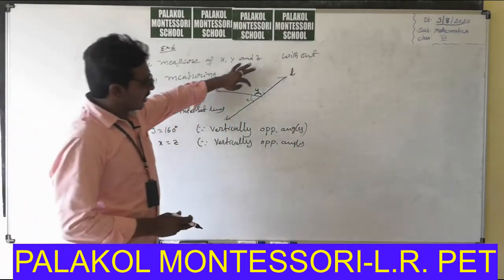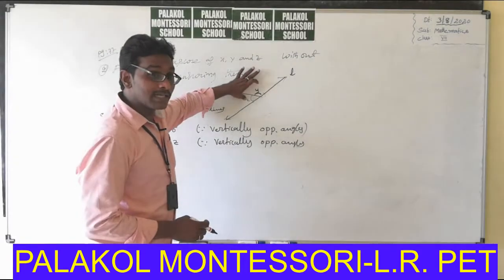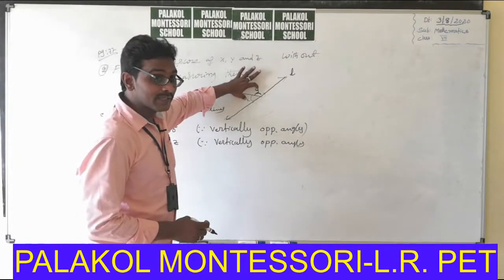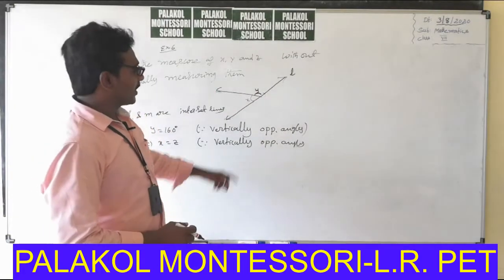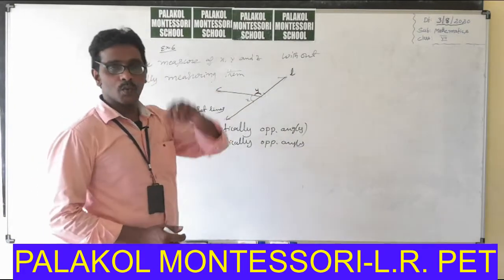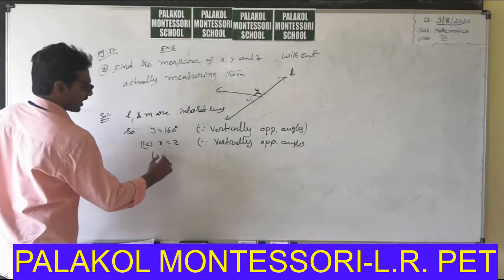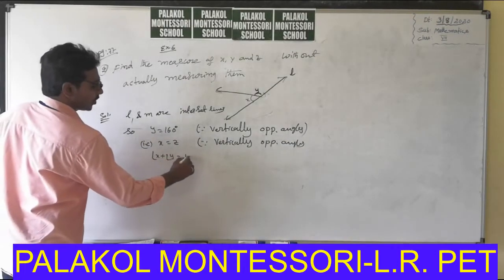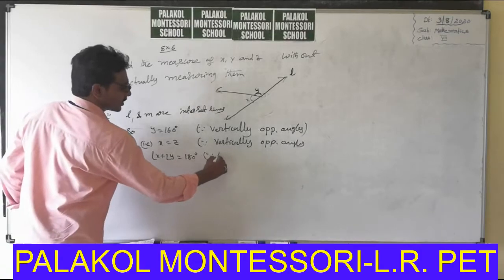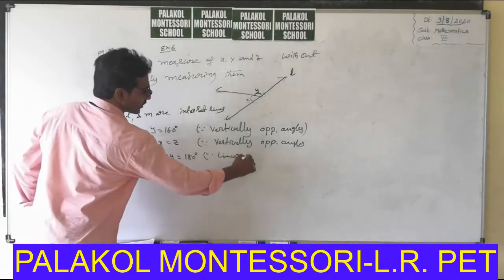You observe this y and x. What type of angles are these? Linear pair. Linear pair, the sum of two angles is equal to 180 degrees. So angle x plus angle y is equal to 180 degrees since linear pair.